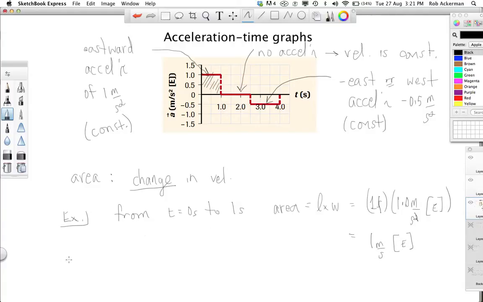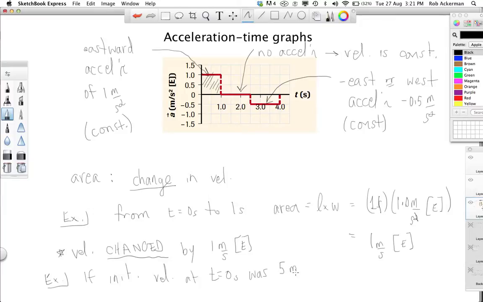Now, warning, this does not mean that the velocity was 1 meter per second. It means that in that second, the velocity changed by 1 meter per second east. I can't emphasize this enough, but students often mix that up. And I'll give you an example of what I'm talking about. If the initial velocity at t equals 0 seconds was, let's say, 5 meters per second east.